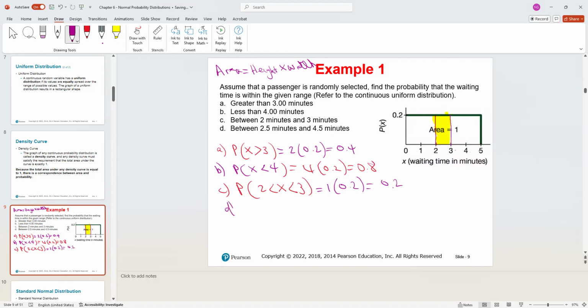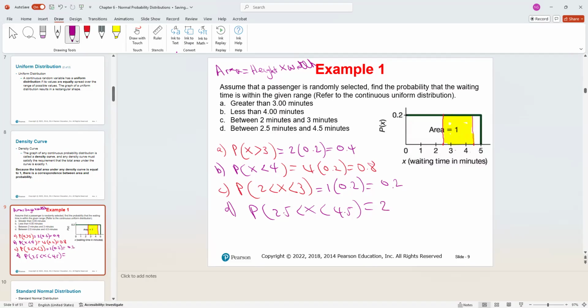Now, for D, we said between 2.5 and 4.5. Let's do it. 2.5 should be here, very straight, and 4.5 would be here. Now you can count: 0.5, 1.5, 2.